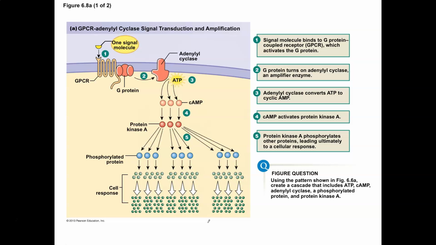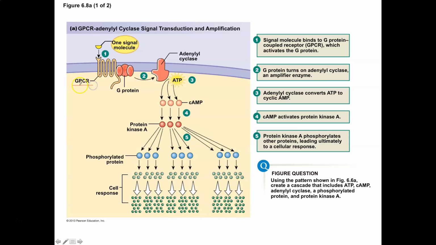So in the cyclic AMP second messenger system, you're going to utilize what's known as a G protein. And the G protein actually consists of subunits. So when you look at a G protein, you're going to find that there is an alpha subunit, and then there's a beta and gamma subunit. So the G protein is attached to the receptor.